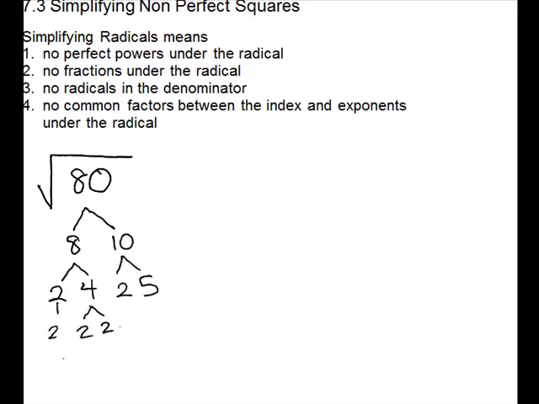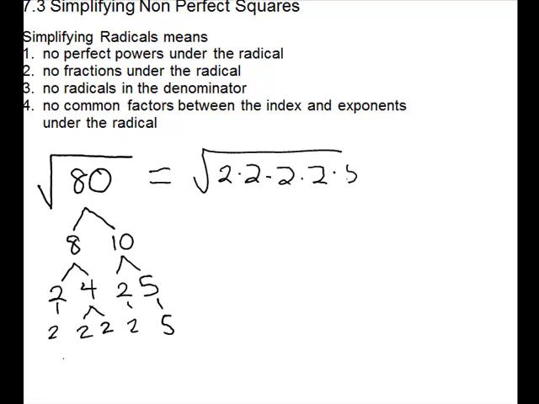I'm going to bring the others down. I'm going to put it back under one radical. So 1, 2, 3, 4 2's. And 5. It is a square root, so I'm looking for groups of 2 factors to make a square. Here's a square. One 2 goes outside for that square.